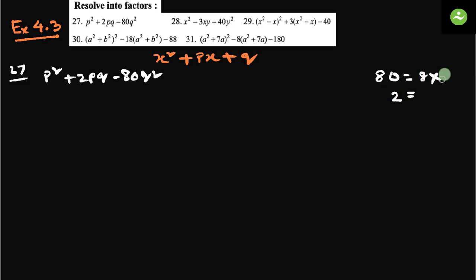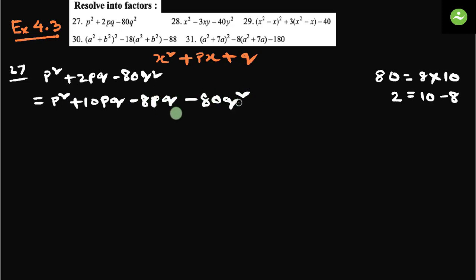8 into 10 is 80 and 10 minus 8. Here we need a minus because there is already a minus here. So we need another minus, and this is the right choice. 8 and 10 equals p square plus 10pq minus 8pq minus 80q square.